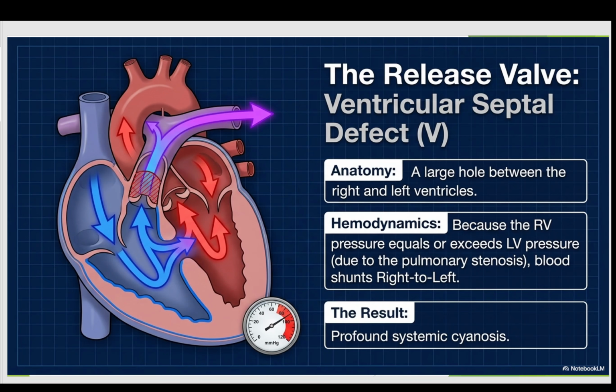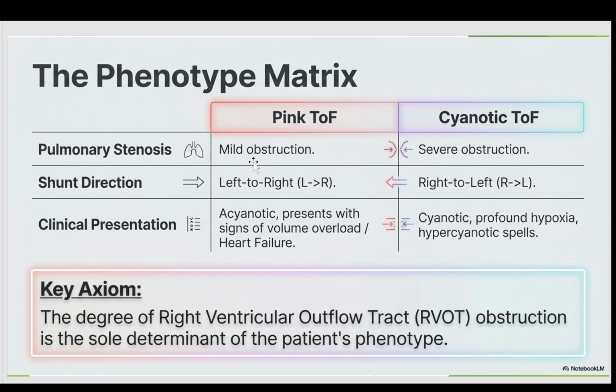Now there is an important concept of pink TOF and cyanotic TOF. When the child is born, the pulmonary stenosis is a very mild obstruction, and the shunt is mostly left to right because of the VSD. But as the baby grows, the pulmonary stenosis becomes more significant, creating an obstructive element, and as a result the shunt becomes right to left because of high pressure development in the right side.